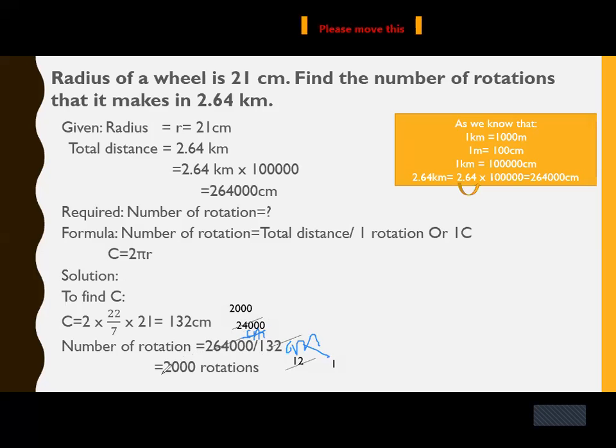So we only get 2000 rotation. Clear? Because it's the number of rotation, both units are cancelled, so the answer is not in centimeter. It is written like 2000 rotation.